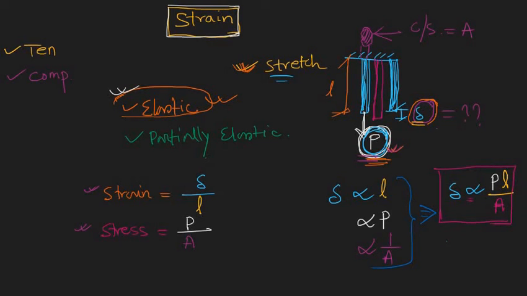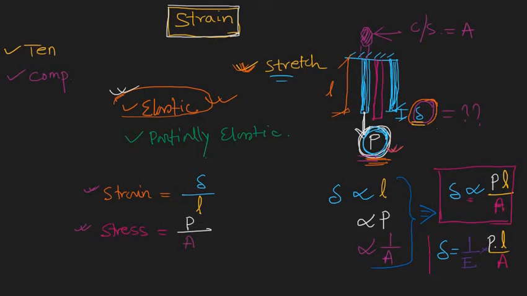So delta is now equal to, we are using a constant, that is 1 by E, times again P times L divided by cross sectional area.